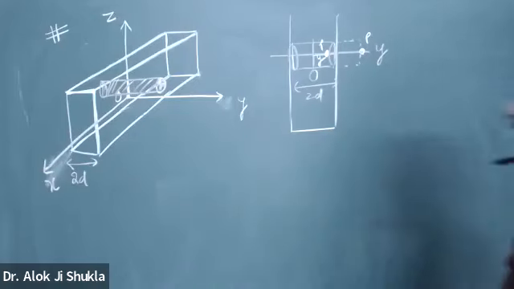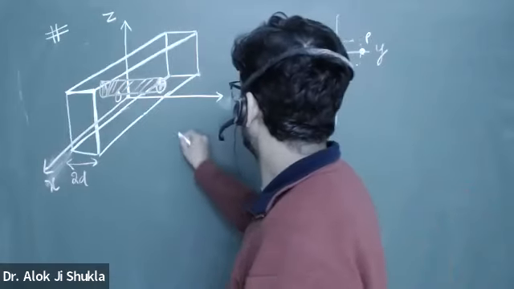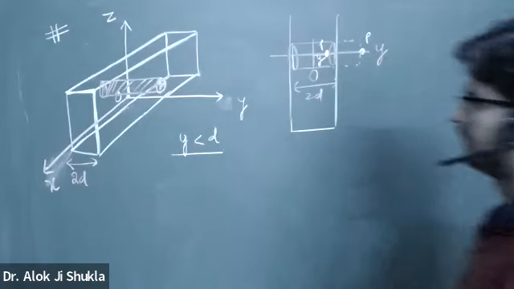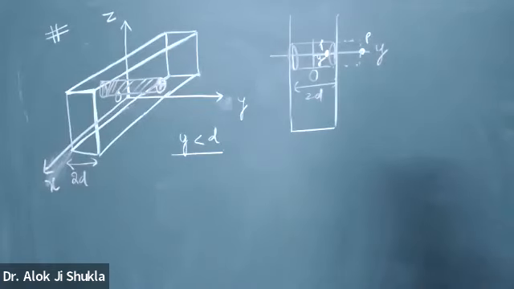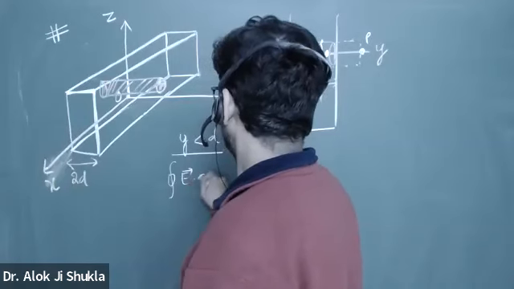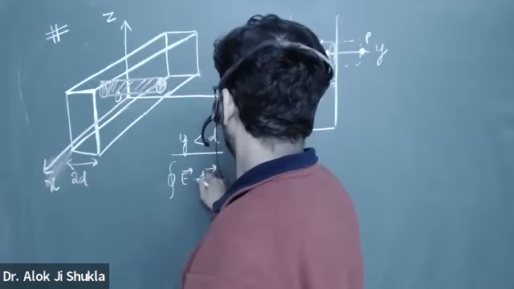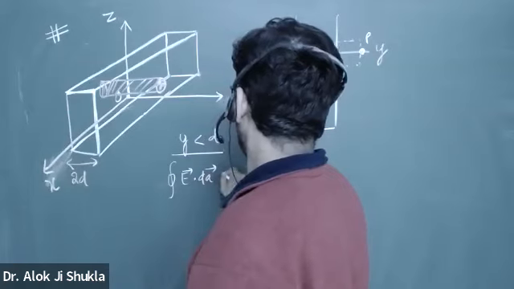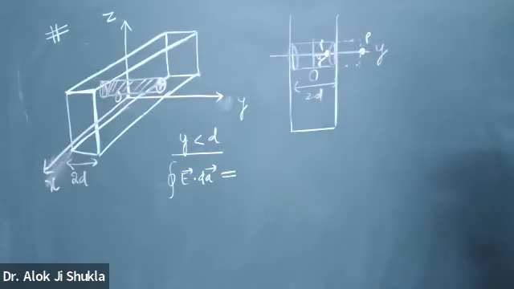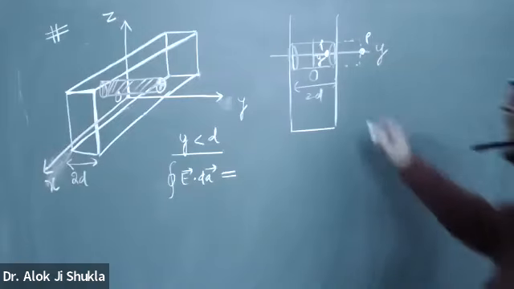So when the Gaussian surface is inside, that means when Y is less than D, what will happen? Closed integral E dot dA will be equal to. Y is less than 2D, isn't it, sir? Or no, Y is less than D because this is the center.